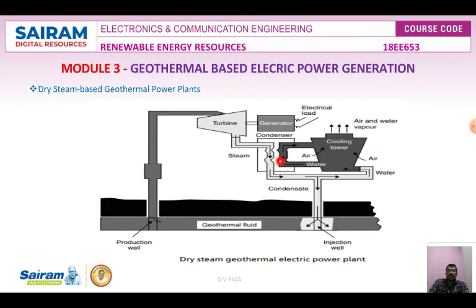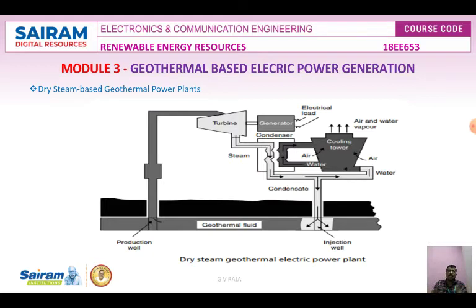Here the steam plants remain similar in structure to the dry steam plants, which have been operating for hundreds of years, which have the reservoir. A dry steam plant is like a geyser.